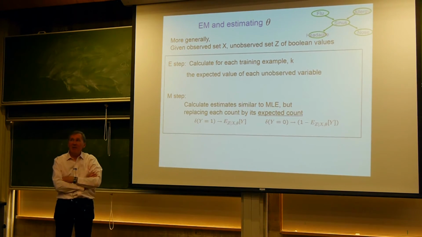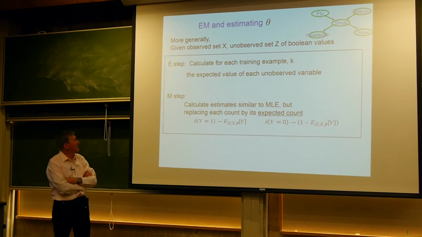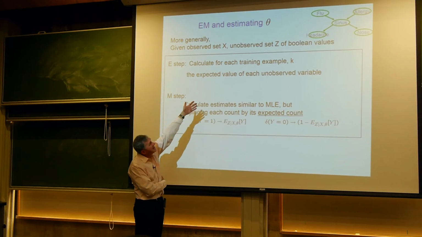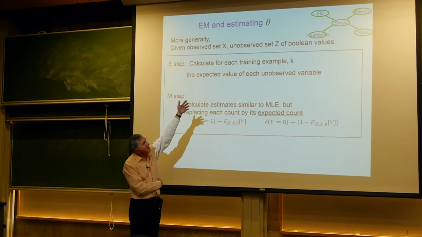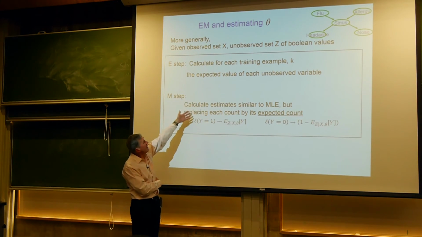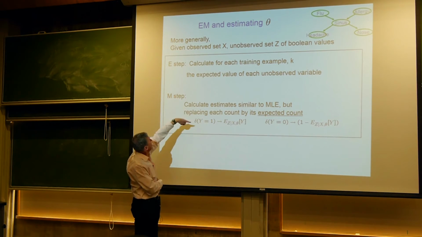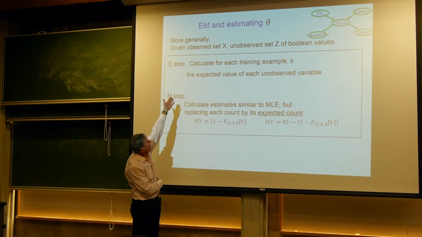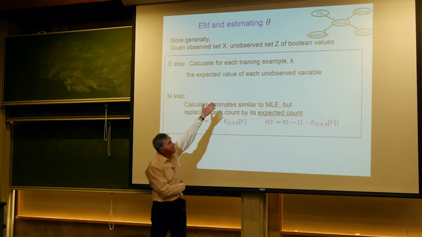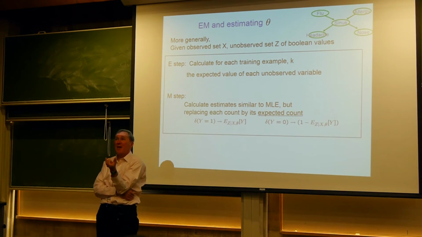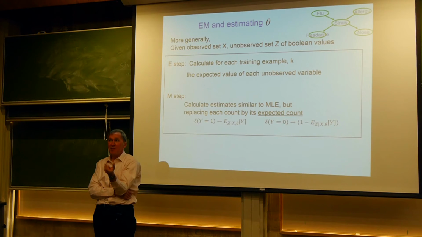For any Bayes network that has Boolean variables, we can take the observed ones and the unobserved ones, and apply EM to estimate the parameters theta and the values that we're missing by iteratively doing this step, where on the E step we just do standard Bayes net inference to estimate the expected values of each of those unobserved variables.